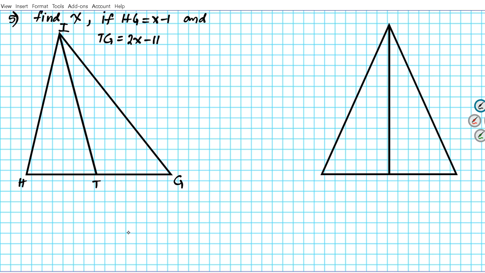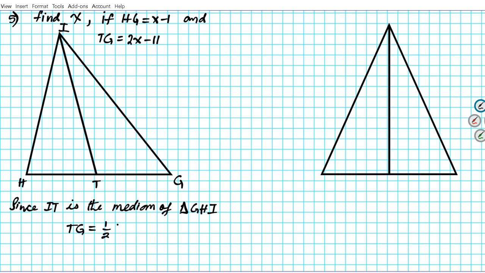So let's solve this. All right, so we're looking at HG and TG. So which median is under consideration? IT, right? Since IT is the median, that's the given information, the median of triangle GHI. We know that this shorter side right here, TG, is going to be 1/2 as long as the entire thing, right?